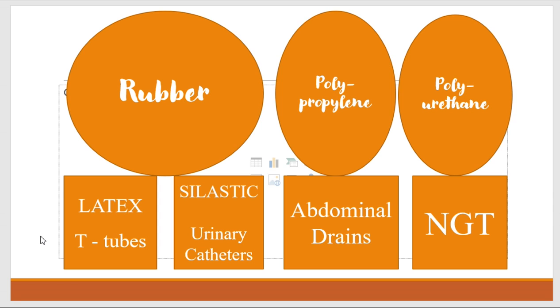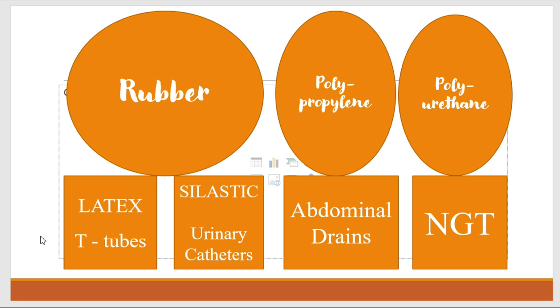During surgery over these tubular structures, we usually use a T-tube to drain. You must have seen the T-tube. If not, you can Google the images of T-tube and go through it. The latex rubber T-tubes are made up of this.